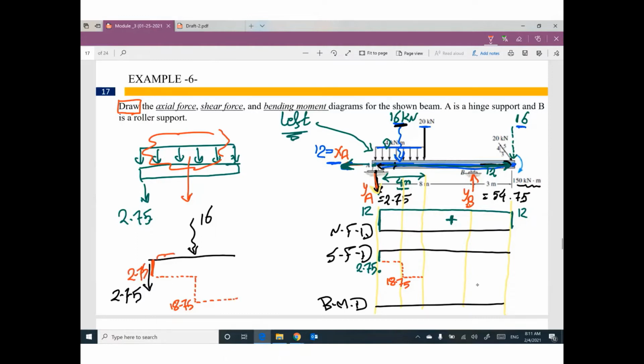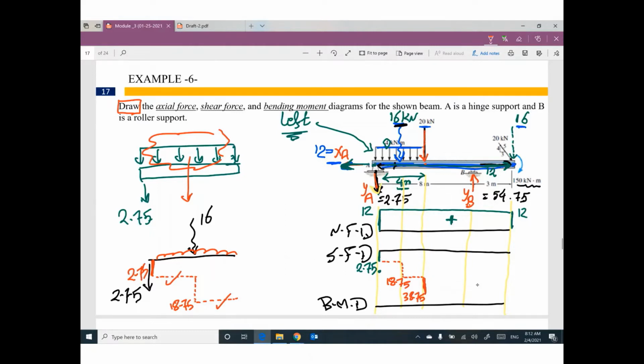Because you are inside distributed load, I walked normally, but dotted, like this. That makes sense? By the end, I have another force here going down 20.